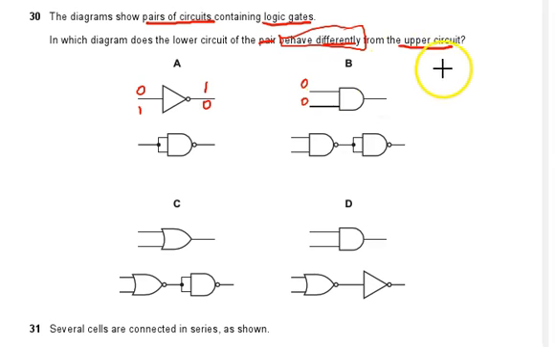So this is the AND gate's truth table. Truth table A, B. This is the input. 0, 0, 0, 1, 1, 0, 1, 1. So your output here will be 0, 0, 0, 1. This is for AND gate.